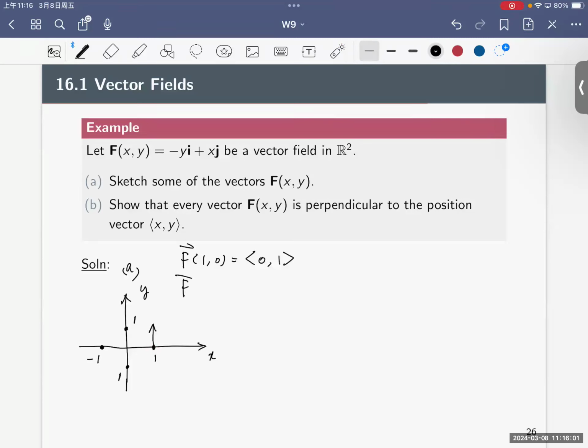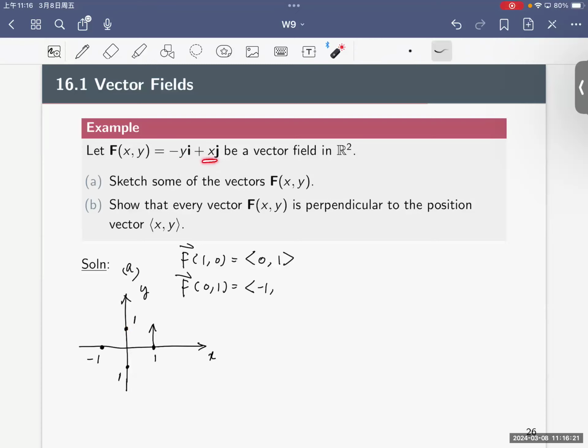Next, I try to find the vector at this point. This is x equal to 0, y equal to 1. According to the given function, y equal to 1, so the x component of the vector is -1.